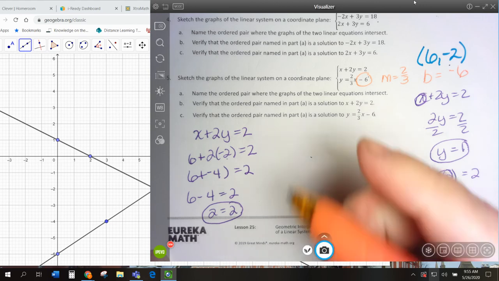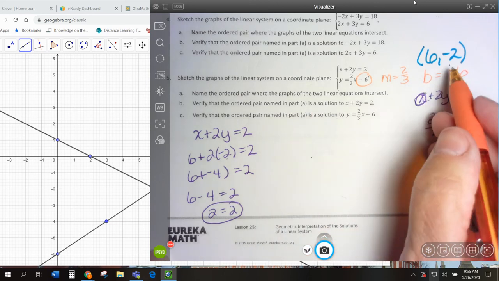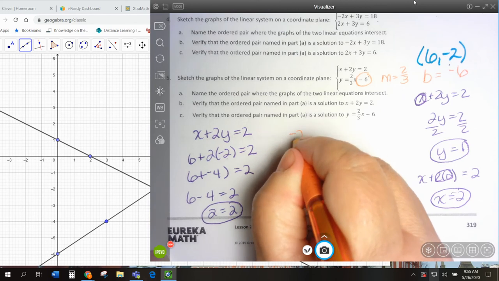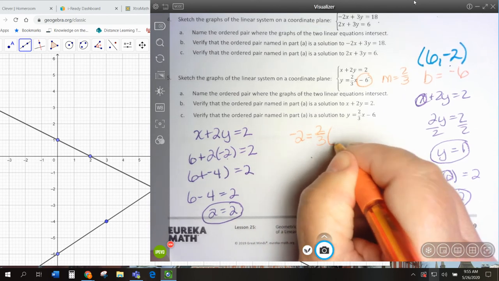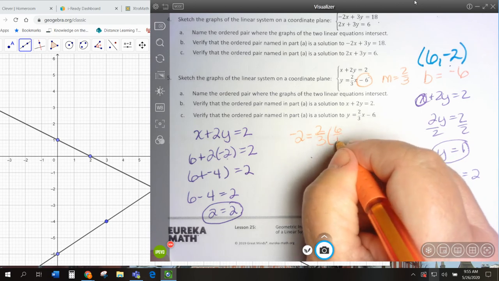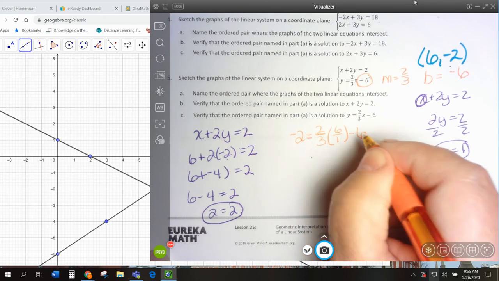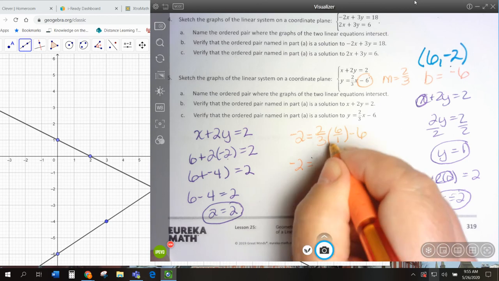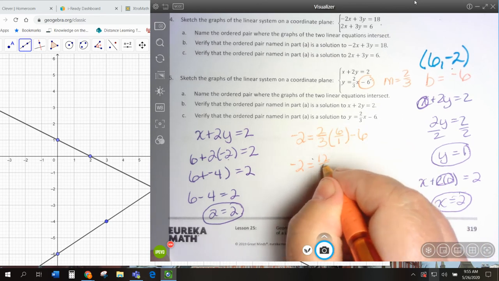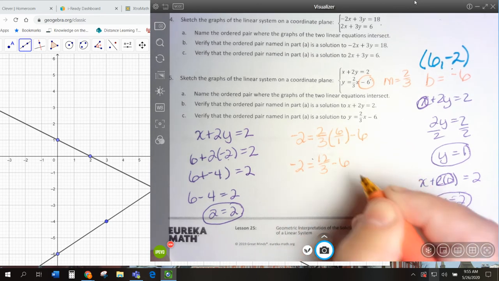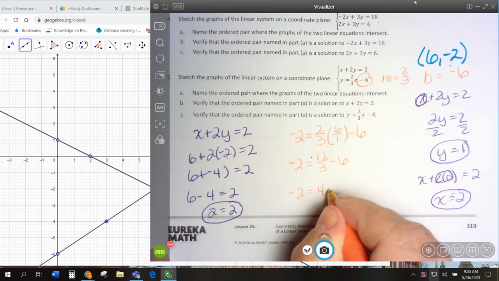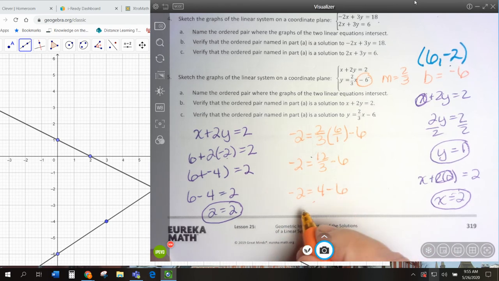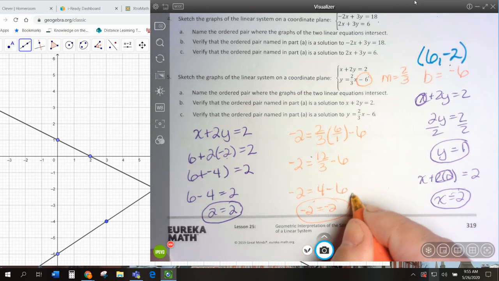For the other one, we have y equals 2/3 x minus 6. We're going to use -2 for y, and 2/3 times x, which is 6. We're going to make that 6 over 1, minus 6. So -2 equals, what is that? 12 over 3 minus 6. 12 over 3 is 4. So if I start at 4 and go down 6, I will end up at -2. So yes, this does work.